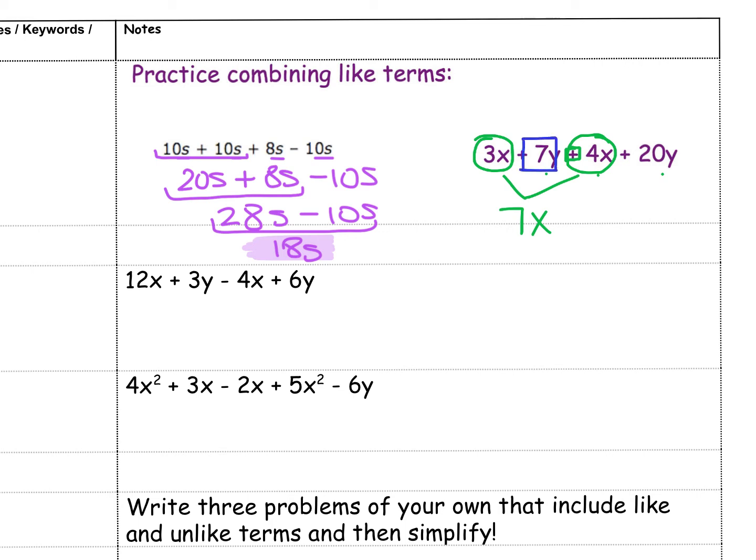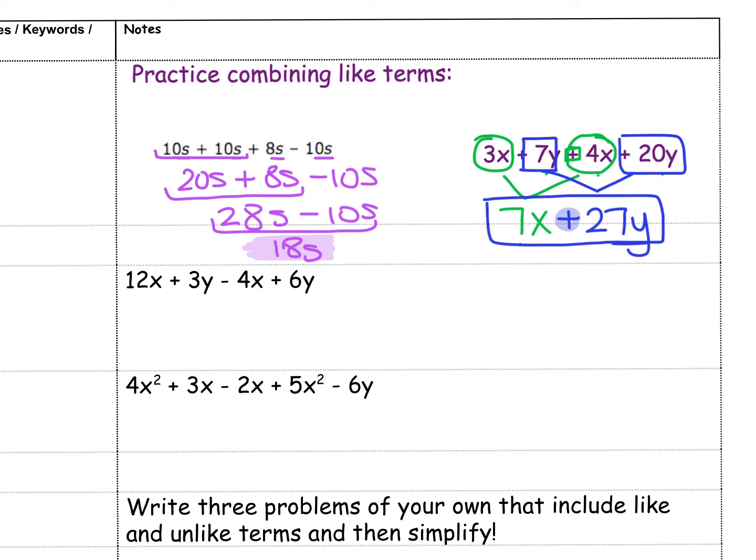I have 7y's plus 20y's is 27y's, and it's positive, so I'm plussing those two things together. Make sure that you always have a sign between your terms. Now when I look here, I have an x here and a y here. They're not the same, so this is my answer. I can't put it together anymore because those are not the same. They're not alike, so do not put those things together.